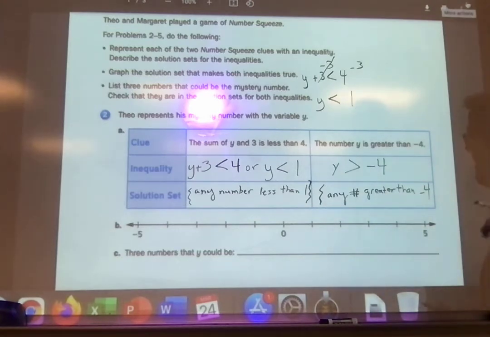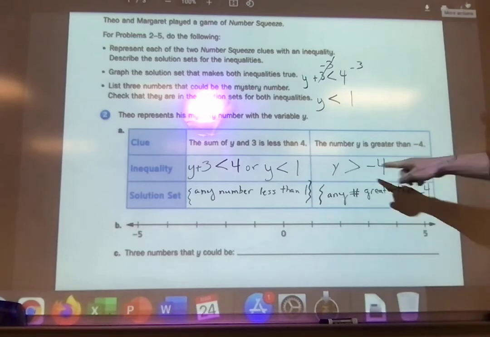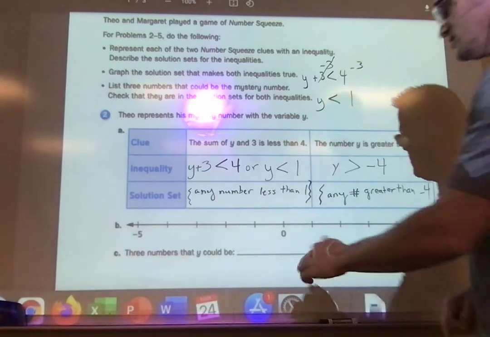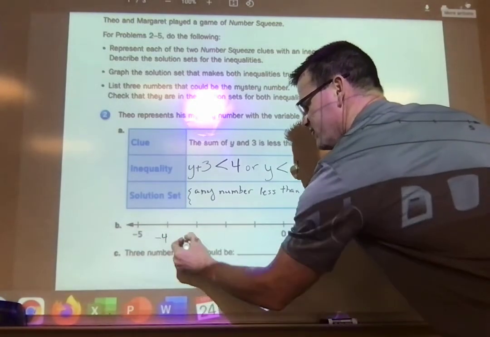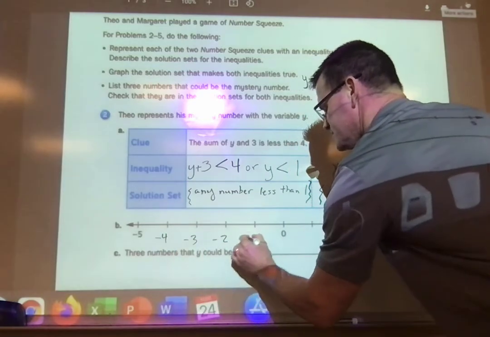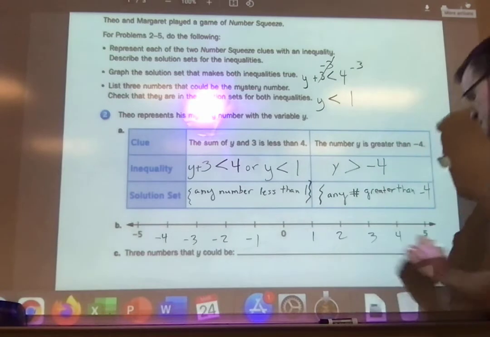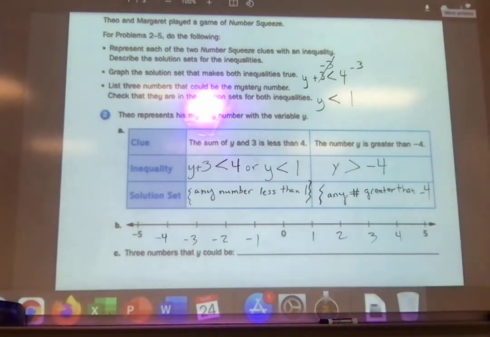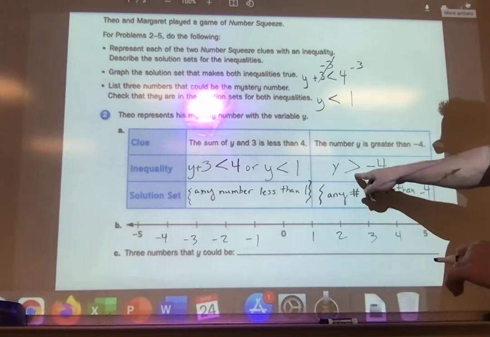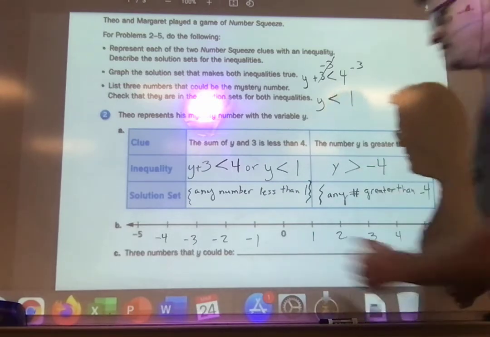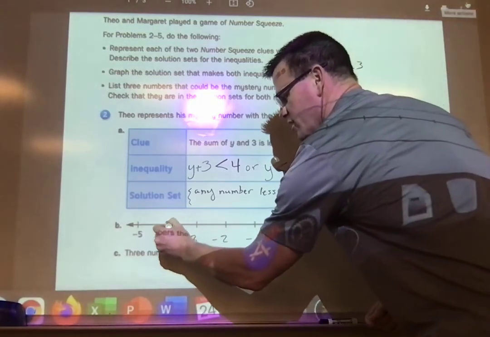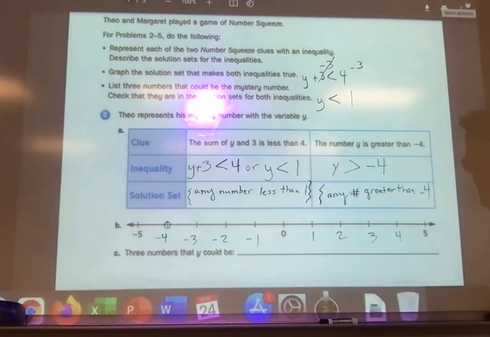Okay, now I need to graph both of these. I know it has to be bigger than -4. So if I go down here, I know this is -4. I label these, making sure they're labeled correctly, just going by ones. Any number bigger than -4, I put an open circle around it because it can't be equal to -4.